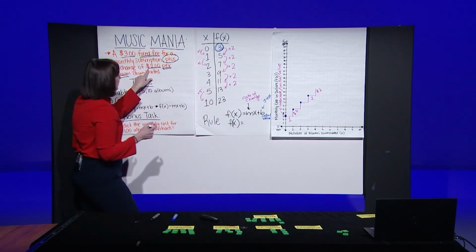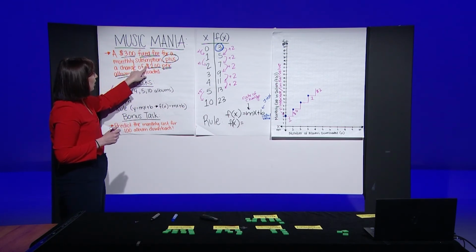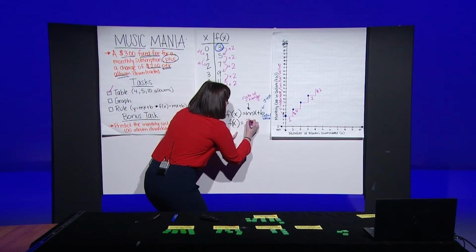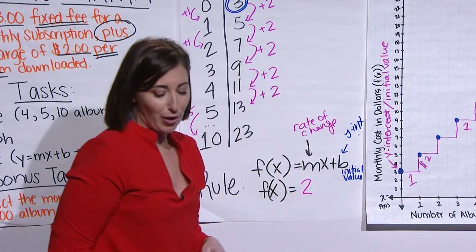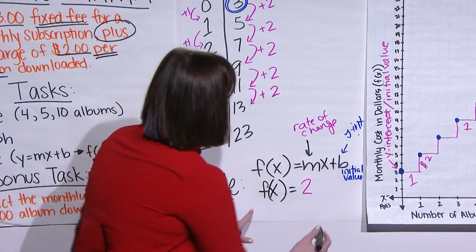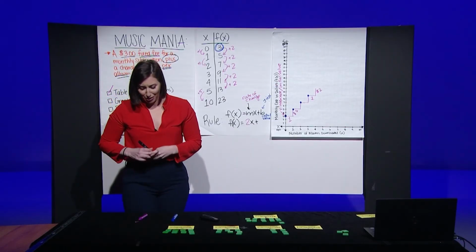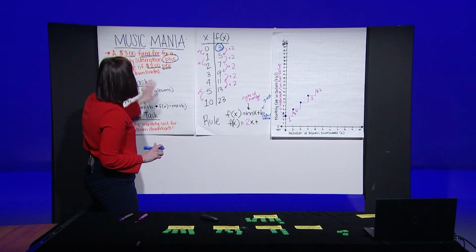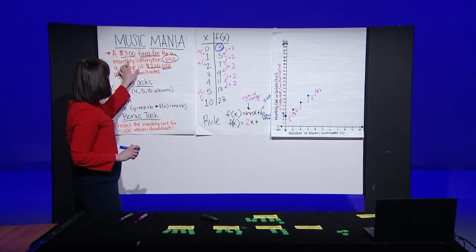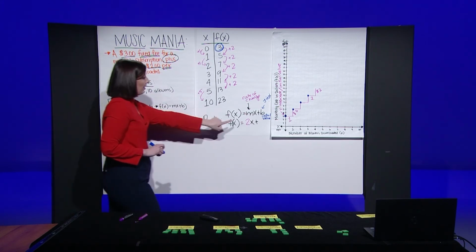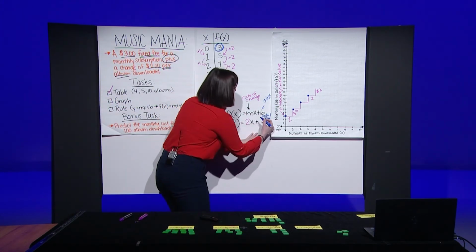I can also see that in my scenario, where it says $2 per album. So that is going to give me my $2 as my rate of change. I also need to know what my initial value is. Looking back at my word problem, that $3 fixed fee, that monthly subscription, is where that's going to come in.